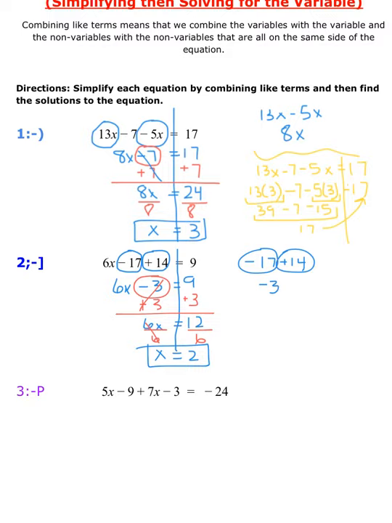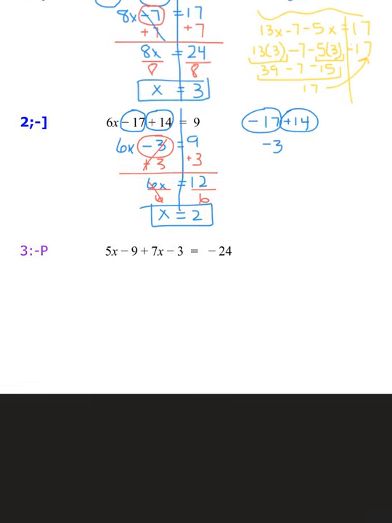All right, so the last equation, we have the long one of 5x minus 9 plus 7x minus 3 equals negative 24. So on this one, we are going to combine our x terms. So we have 5x and we have the plus 7x. Then we also have the minus 9 and the minus 3.